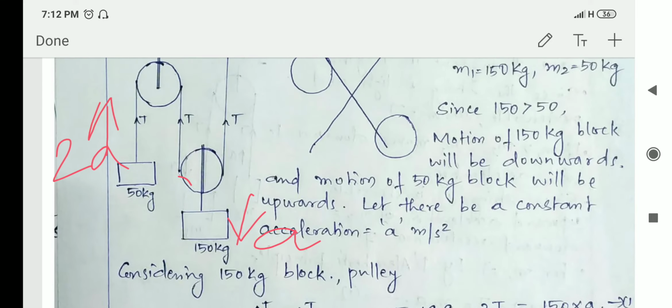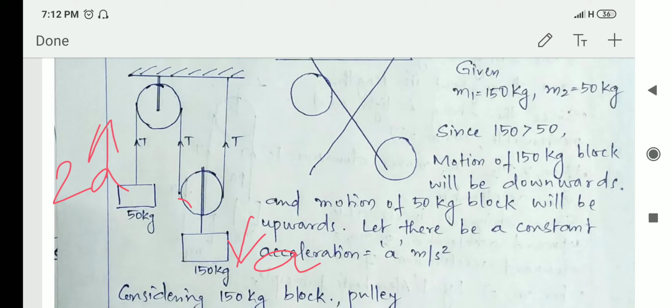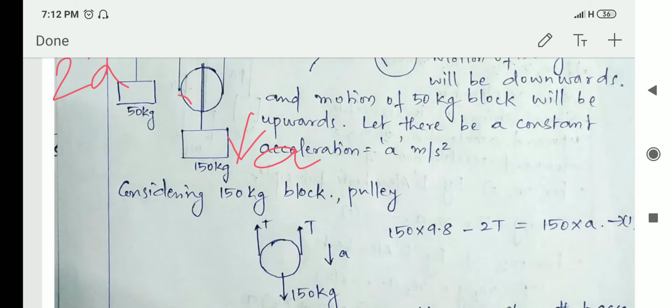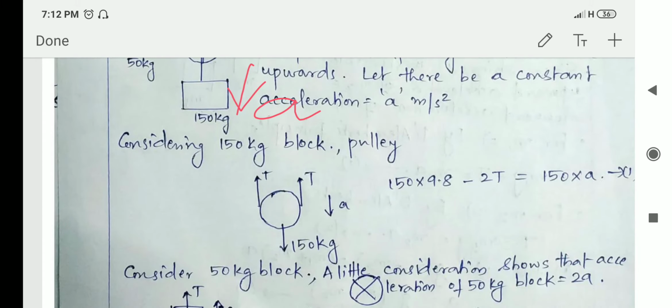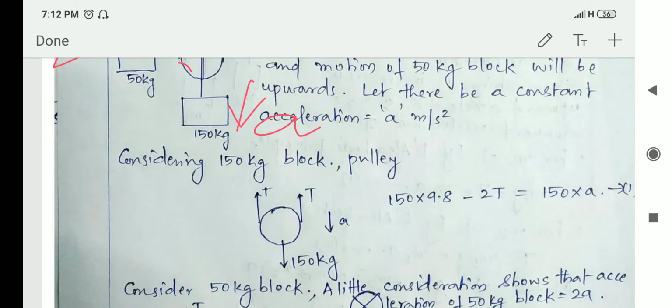For the 150 kilogram block pulley, we know tension T is acting upwards, 150 kilogram is pulling downwards, and the motion is small letter a towards the downward side. So applying the D'Alembert's principle, 150 into 9.81 minus 2 times T. Why? Because there are 2 limbs and each limb has a tension of T. Minus 2T equal to 150 into a, mass into acceleration. So it will be the first equation.